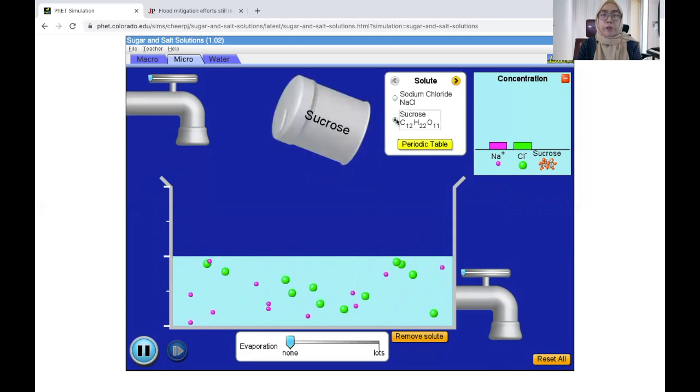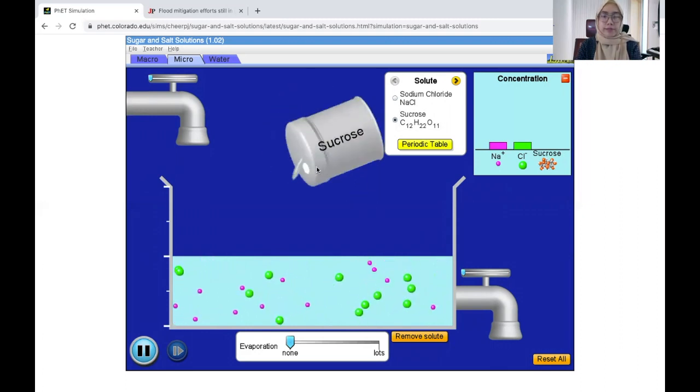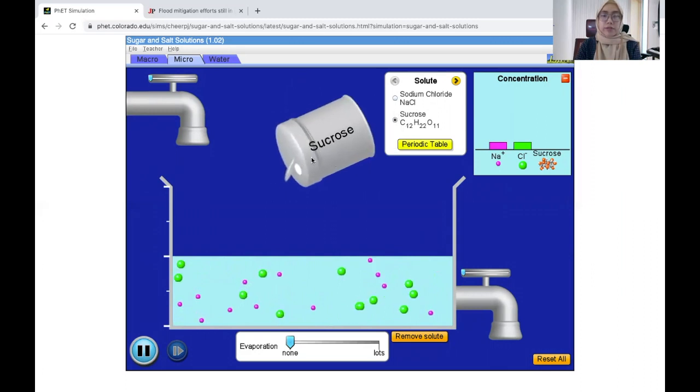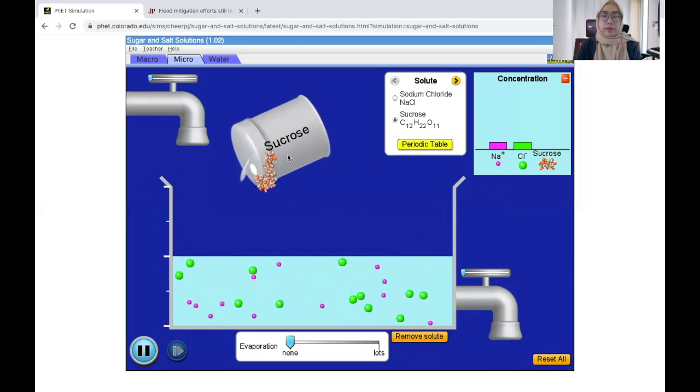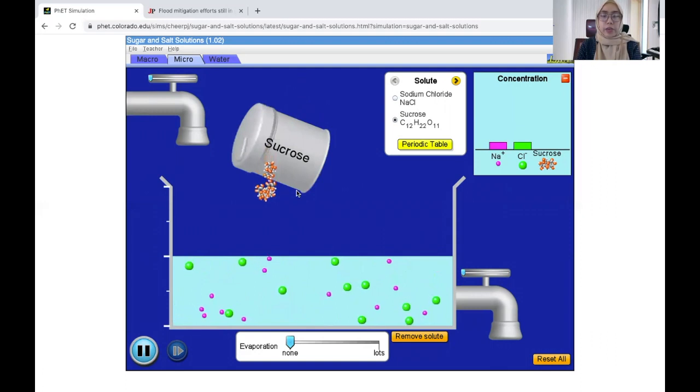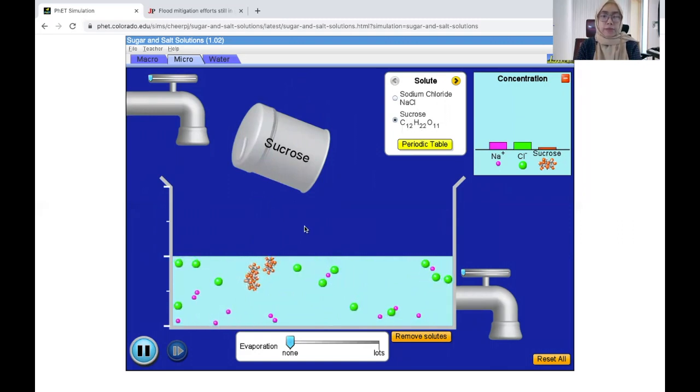And when we put some sucrose into the water, this is the chemical formula of the sucrose, containing carbon, hydrogen, and oxygen.